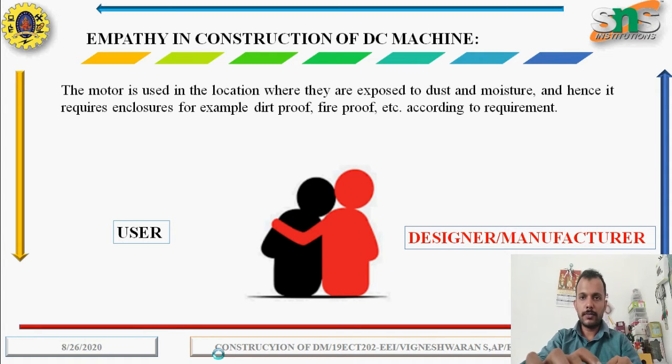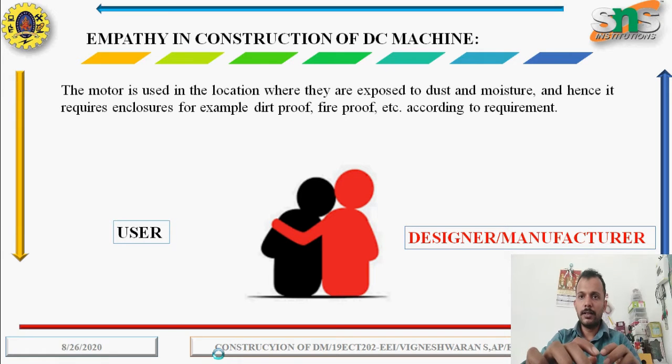Empathy: as we are design thinkers, we have to see the empathy of our topic of discussion. So for construction of DC machine, what is the empathy in this? The motor is used in locations where it is exposed to dust and moisture. This may affect the performance of the motor, and hence it is required to have an enclosure.